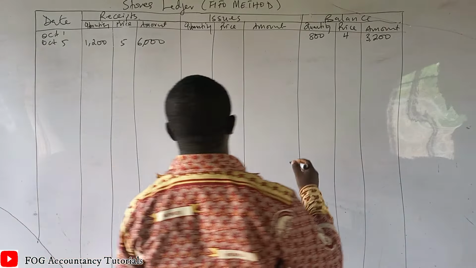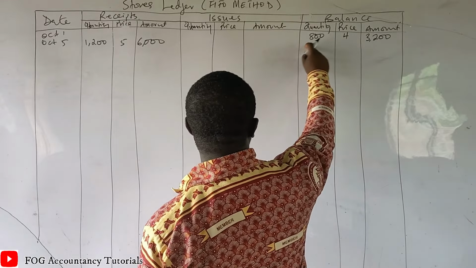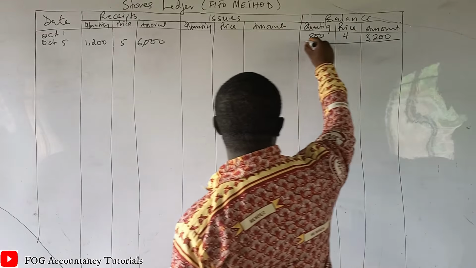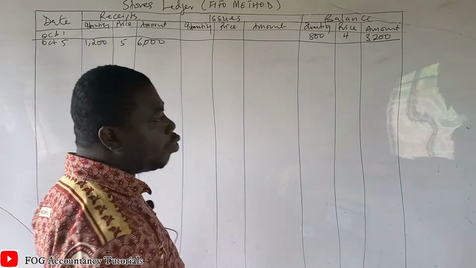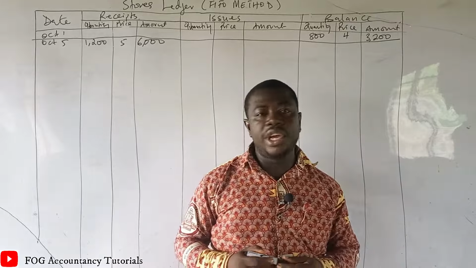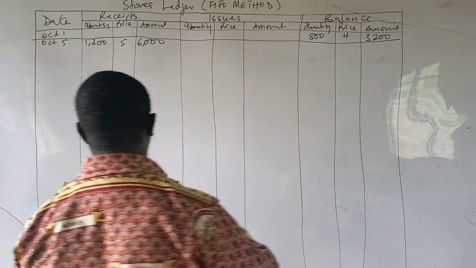And when we come to the balance, remember what I told you, we have to repeat the original one again. So let me give an underline for the first one to show that it is different from what we are doing. I explained to you that when you do the underlines, it gives you a perfect environment to do what you have to do.